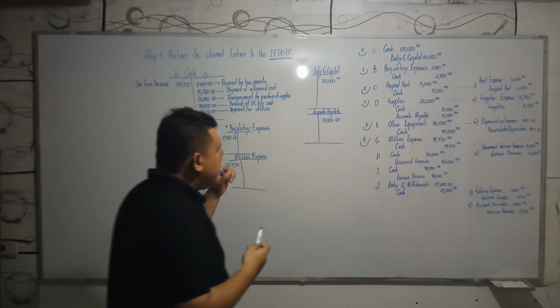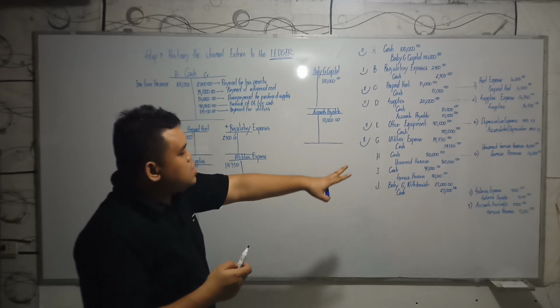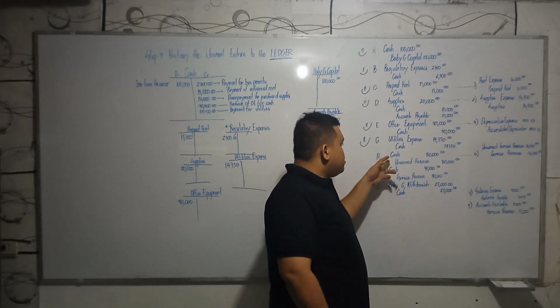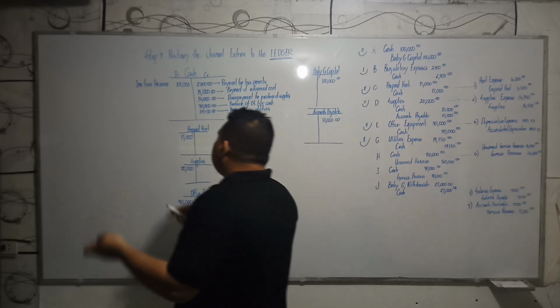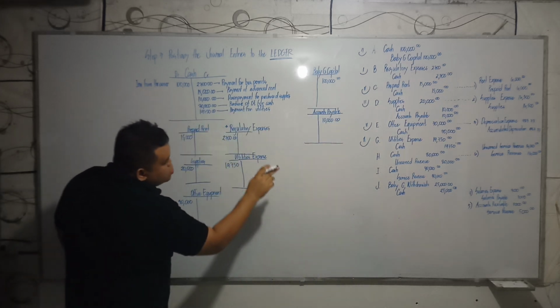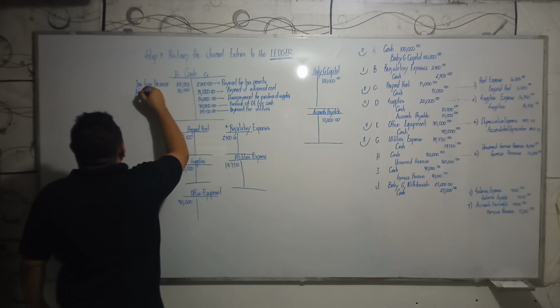And we have letter H. You have received 80,000, which is why there is an unearned revenue right here. Because if you remember the transaction here, there are customers who have paid in advance. Okay? So debit cash. So that's 80,000. And the explanation for that one is advance payment from customers.